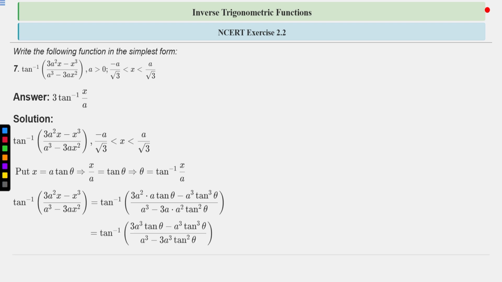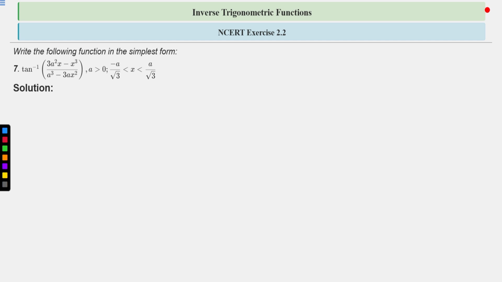Therefore, we get 3a cube tan theta minus a cube tan cube theta upon a cube minus 3a cube tan square theta. See, a will cancel out.